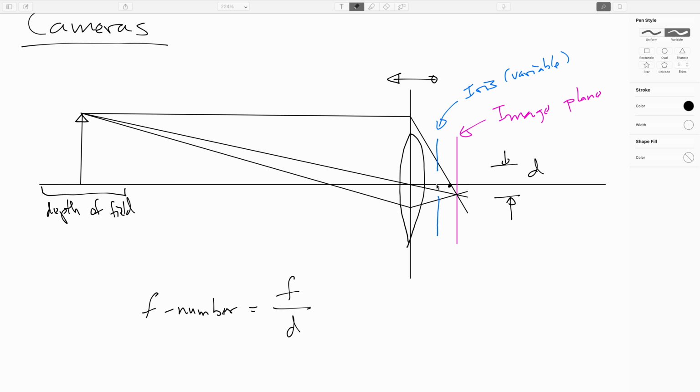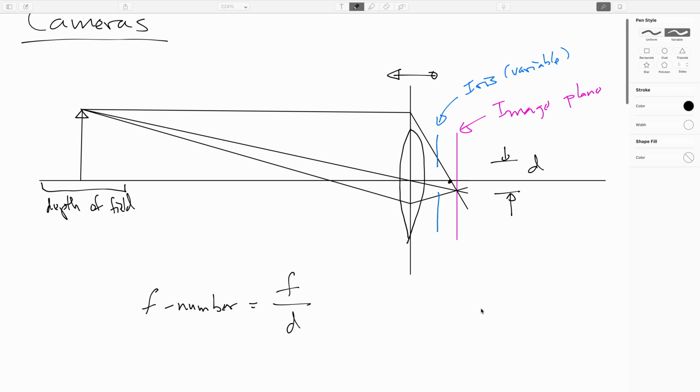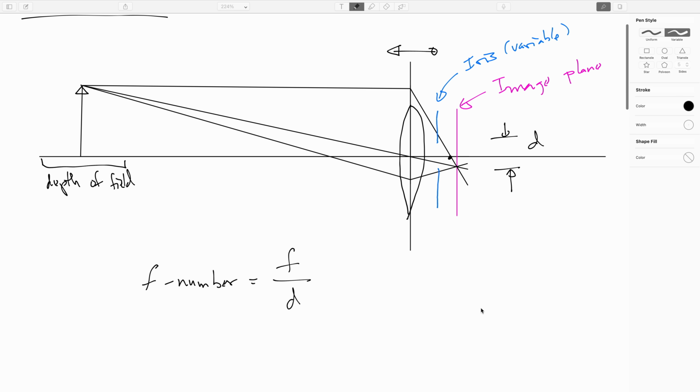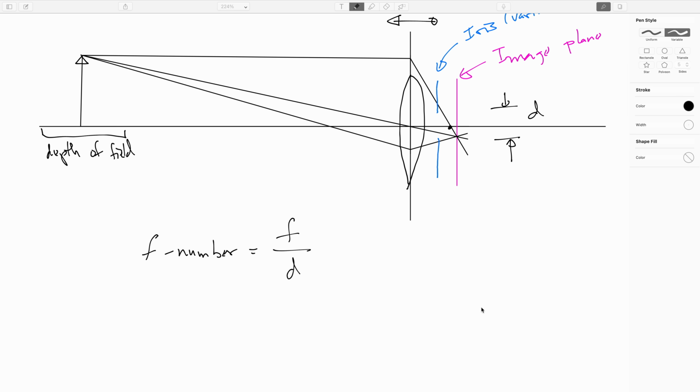So every stop, a photographer calls it, towards a smaller F number or a larger aperture, where you change by a factor of square root of 2, doubles the amount of light hitting the CCD array. This leads to what photographers call the exposure triangle.